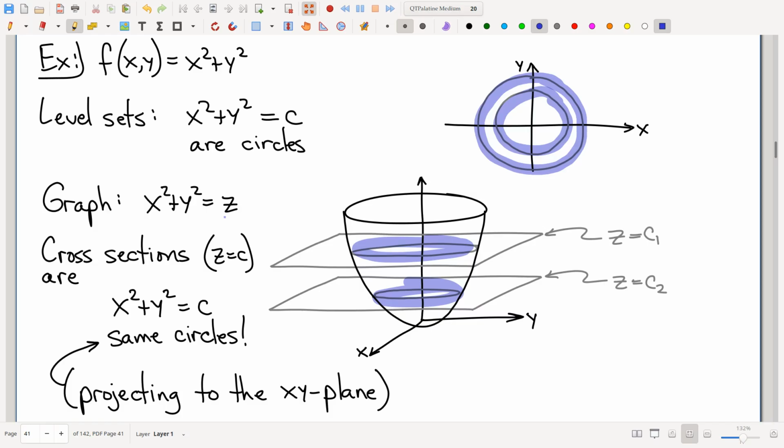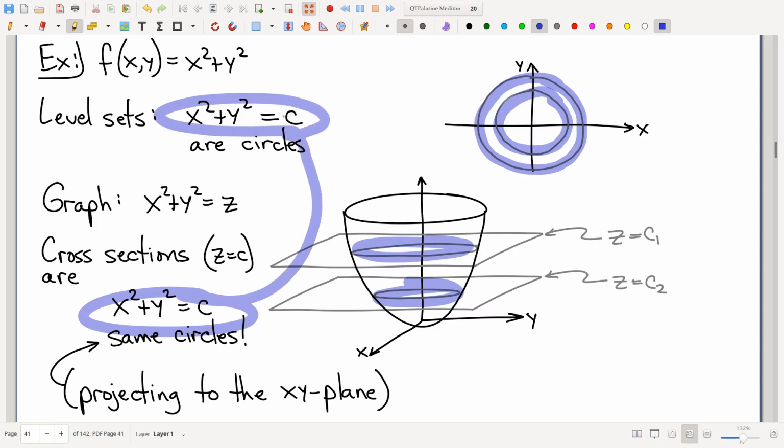So are they really the same? And fair gripe. They are not technically quite the same. When I say they're the same, what I mean is they have the same equations involving x and y. And yeah, sure, with one of them there's a third coordinate, the other one there isn't. But as far as x and y are concerned, they're the same.